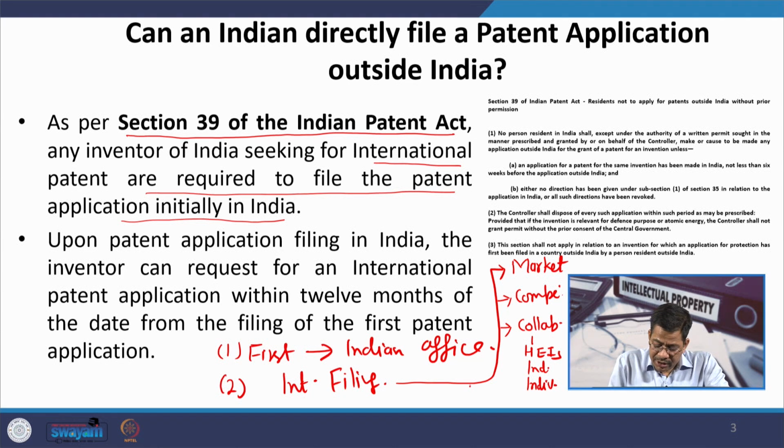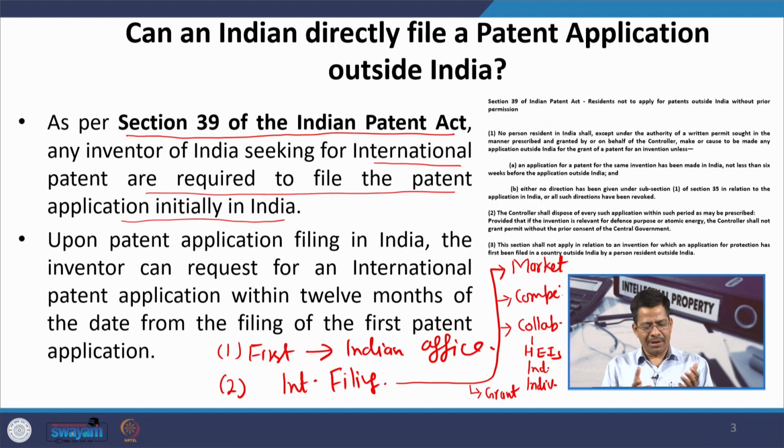Then another important thing is grants. There are different types of grants available these days, global grants. For availing those global grants to take your inventions to the next stage, there may be a requirement of international filing.